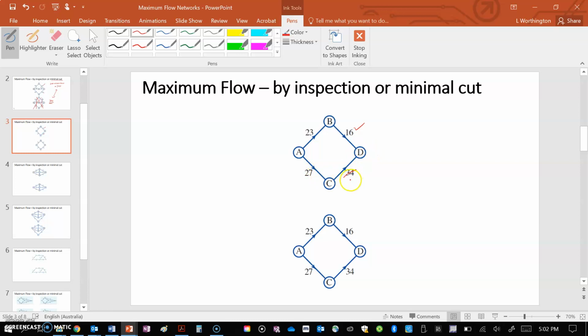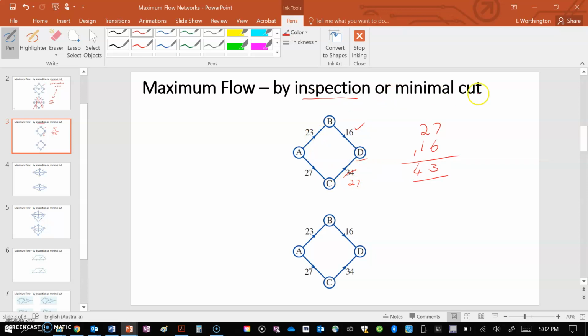So we can only meet the 27. If we take our 27 and we add on our 16, we end up with 43. So we're getting 43 here. Now that was by inspection and just checking each of the lines coming into our sink.